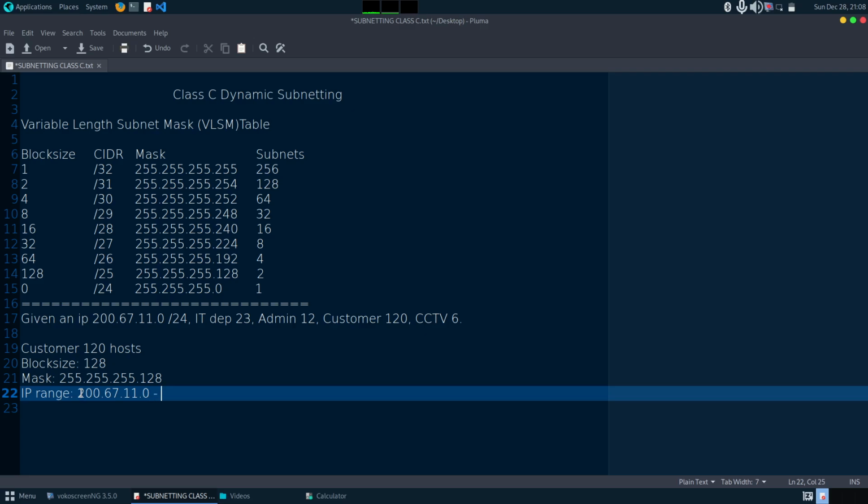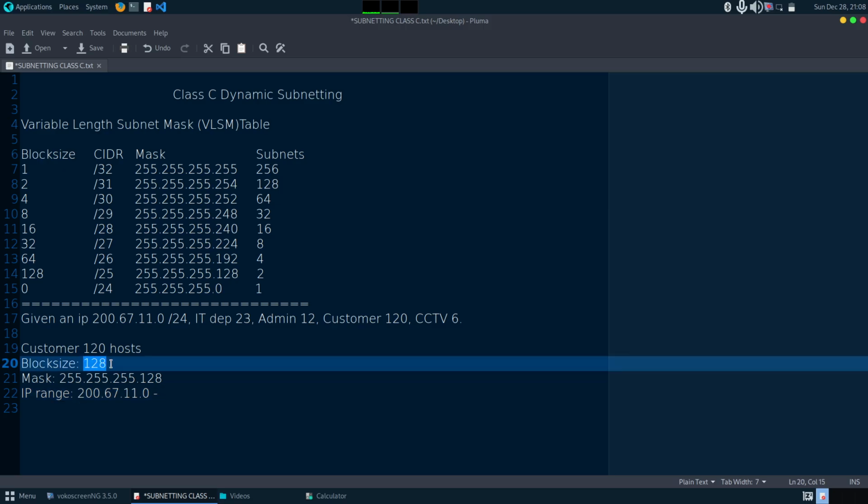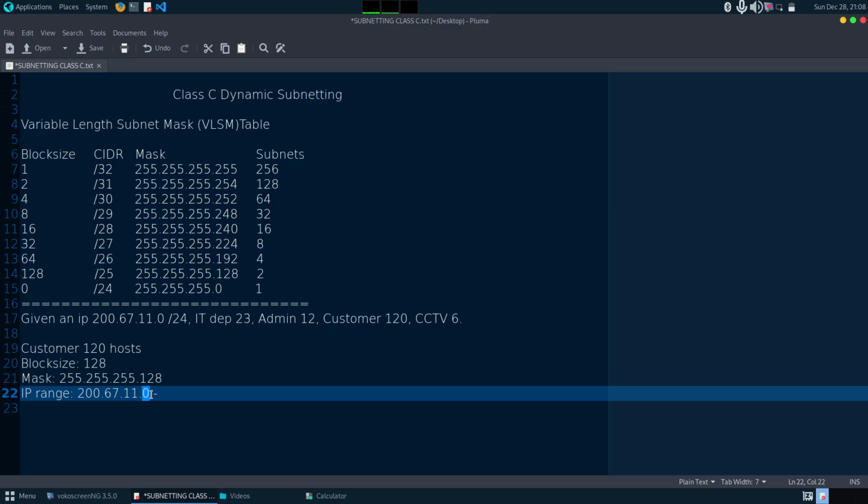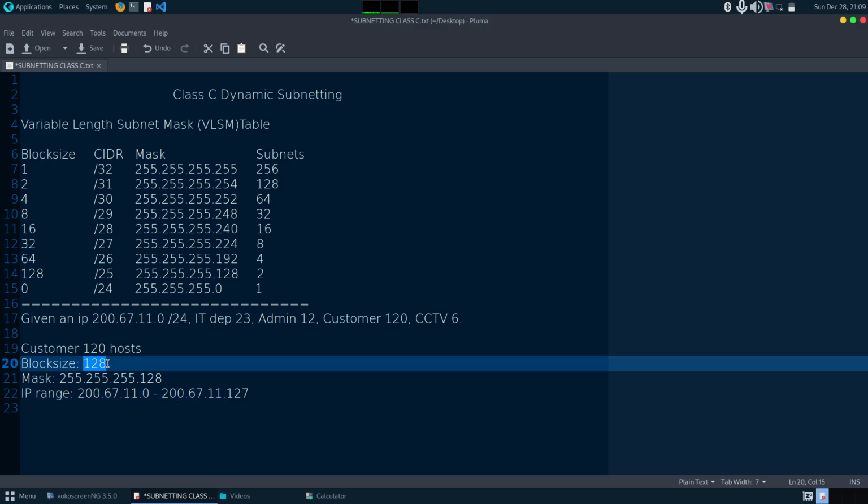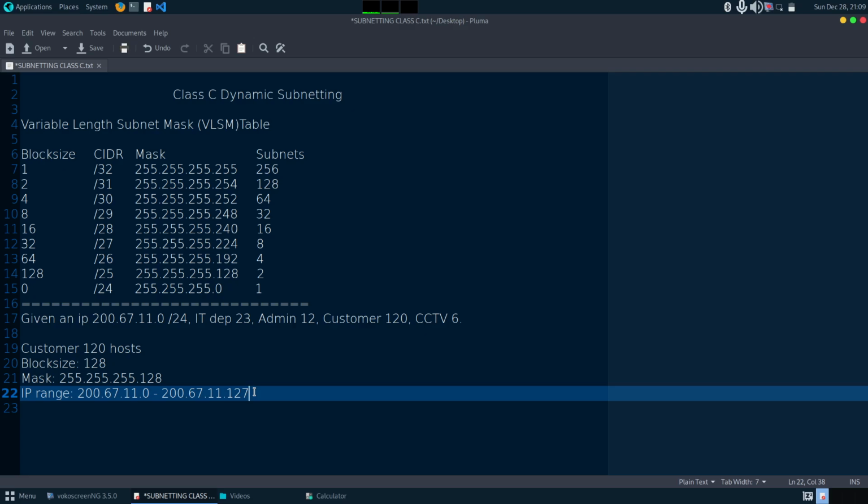Then where are we ending? I hope you remember, 3 portions for the network, 1 portion for the host. So we say 128 plus this 0 at the end, then subtract 1, that will give us 127. Why are we subtracting 1? When we count from 0 to 127, we have 128 numbers. Hope that makes it clear.